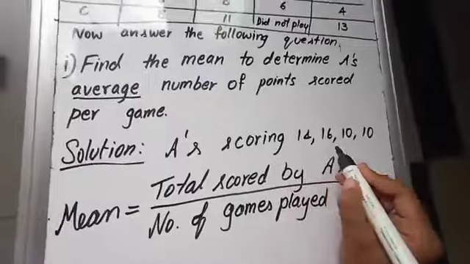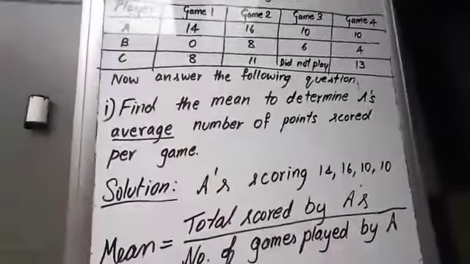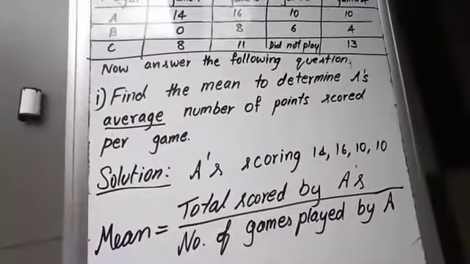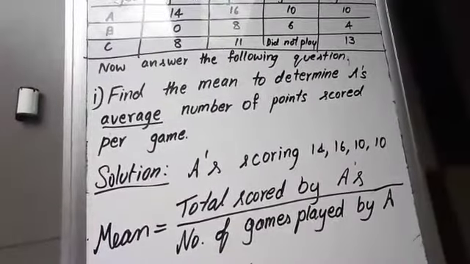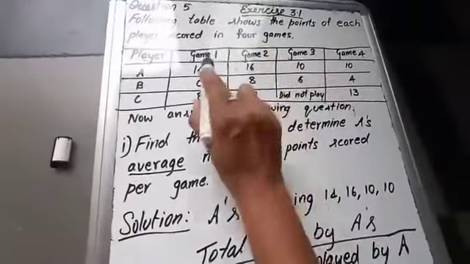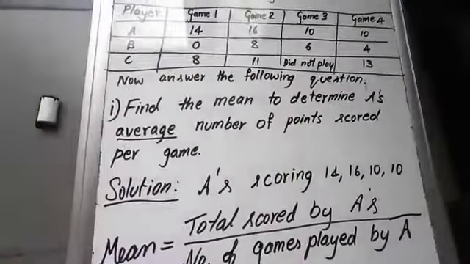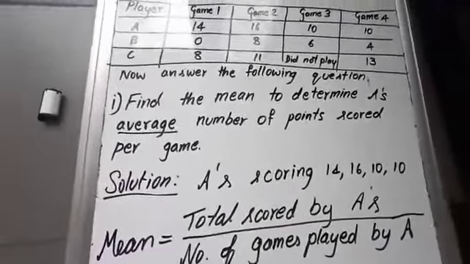Now we have got the scores. A's score is 14 plus 16 plus 10 plus 10, and the number of games, as mentioned in the question, is 4. So let us find the sum.